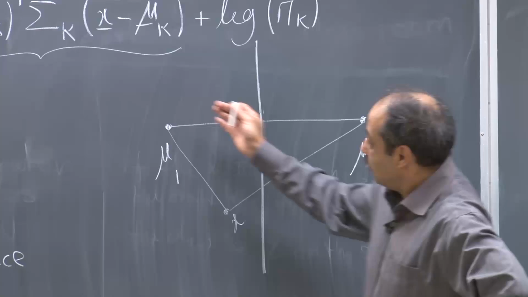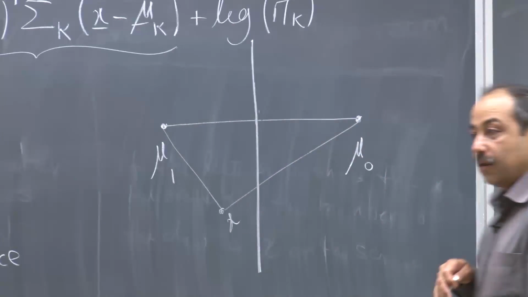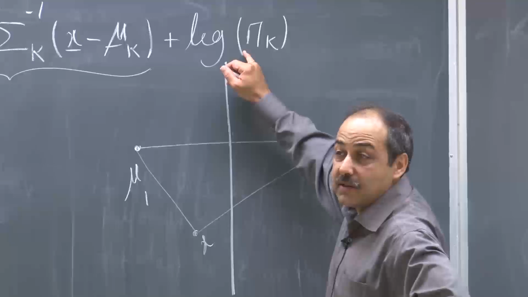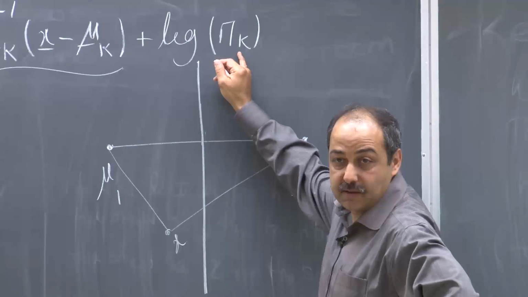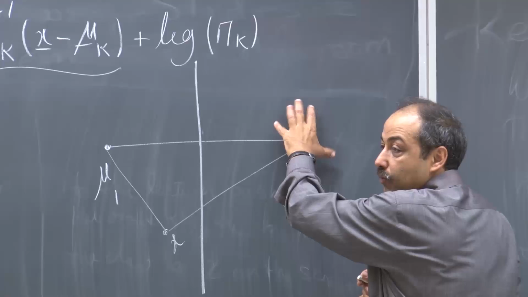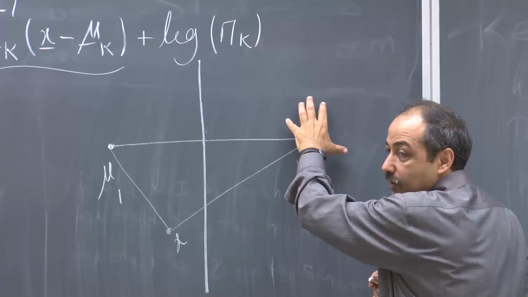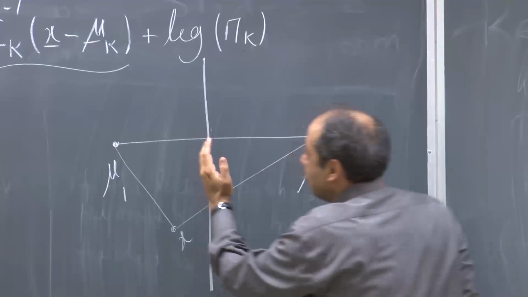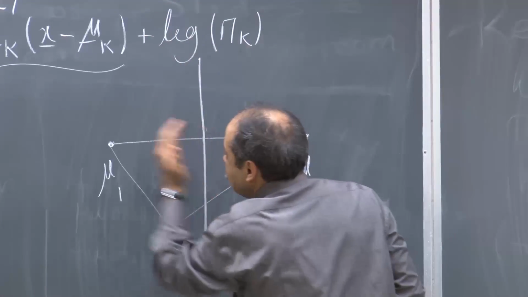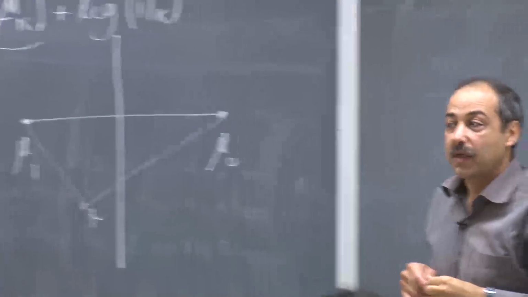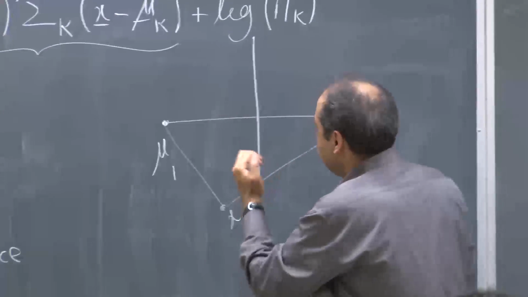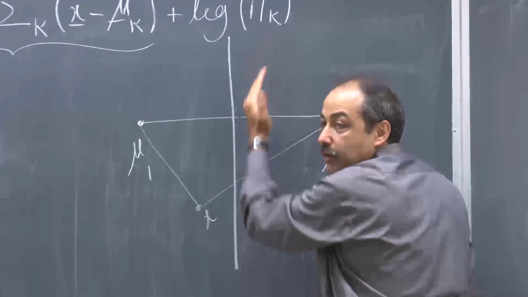Any point on this side belongs to this class, any point on the other side belongs to the other class. If the prior is not the same for the two classes, so if, for example, there are more points with label 0 than label 1, this decision boundary will, because of this bias, shift toward one of these points. So for example, if I have 100 points here, 100 points here, this is going to be right at the middle.